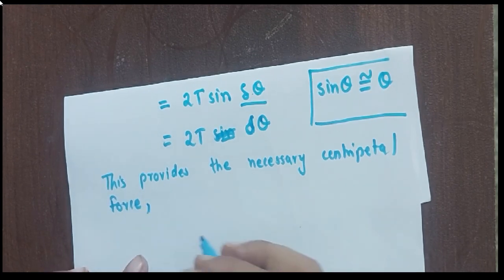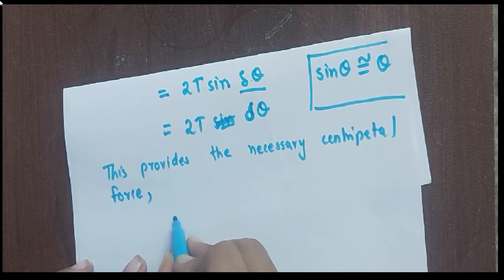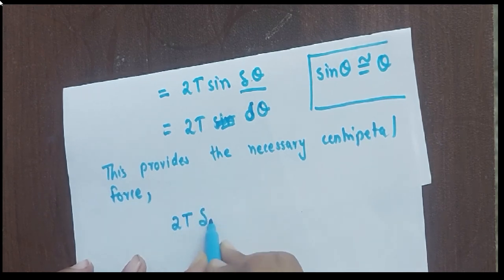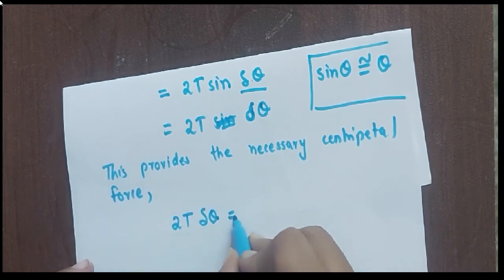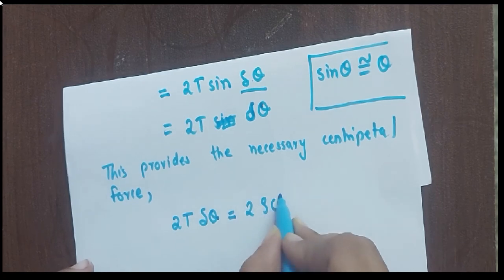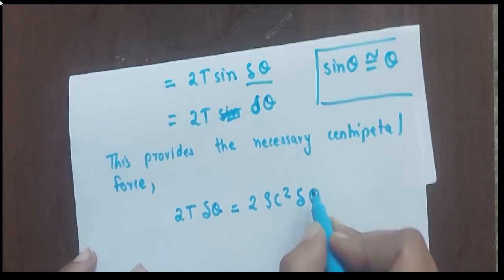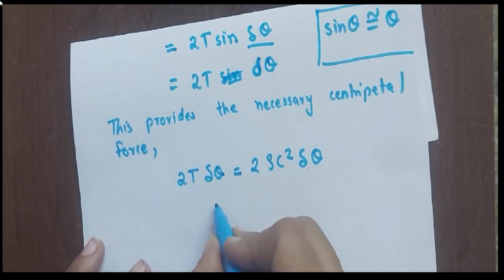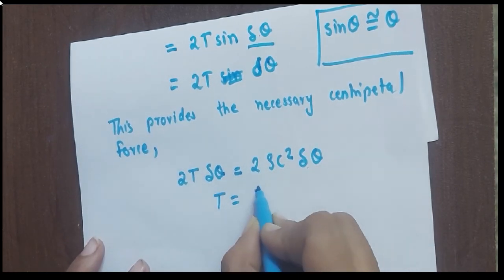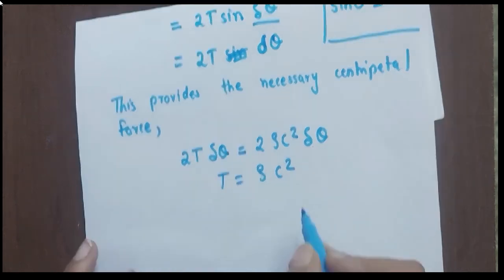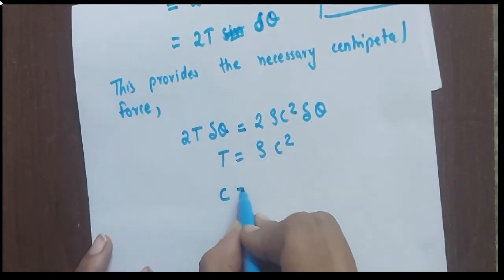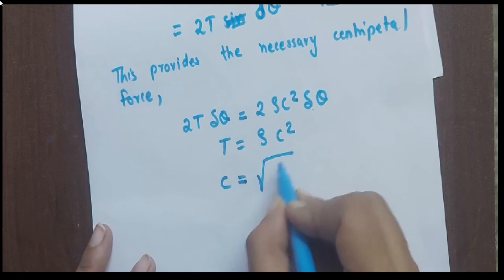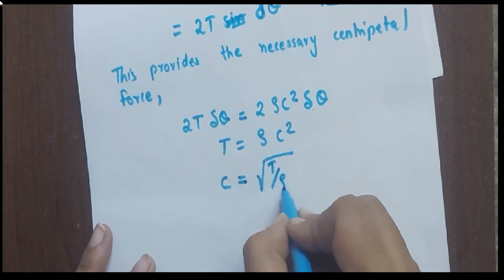So we are going to equate both the equations. 2T del theta is equal to 2 rho c square del theta. Del theta will get cancelled. 2 will get cancelled. We will remain with T is equal to rho c square. C is written as under root T by rho.